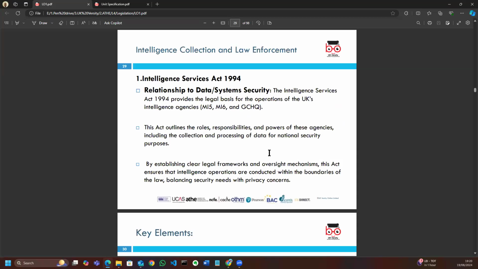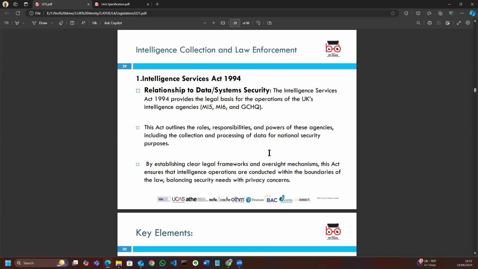So we also have the Intelligence Services Act 1994, which we have mentioned, where it is an intelligence service act which provides the legal basis for operation of the UK intelligence agencies, such as MI5, MI6, and GCHQ.